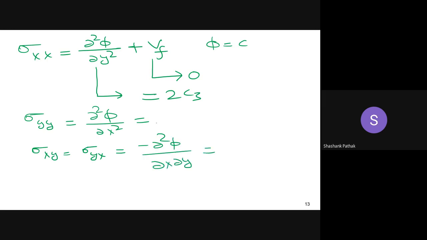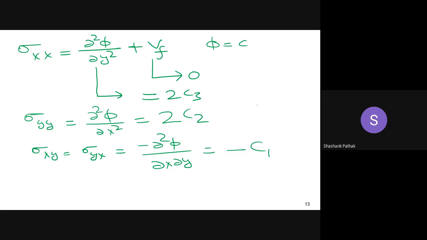Saurabh, sigma y by 2, sir. 2 C2. And sigma xy? Minus C1. Minus C1. Okay, very good.